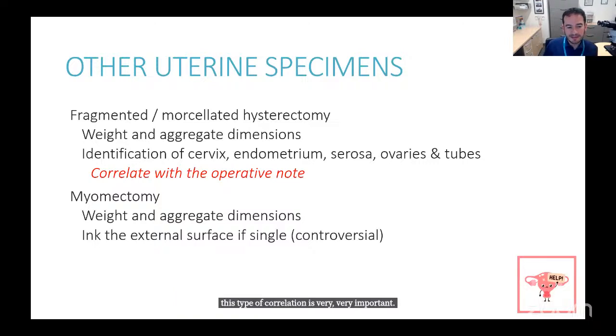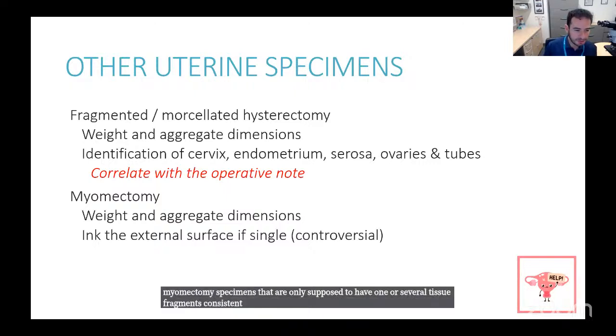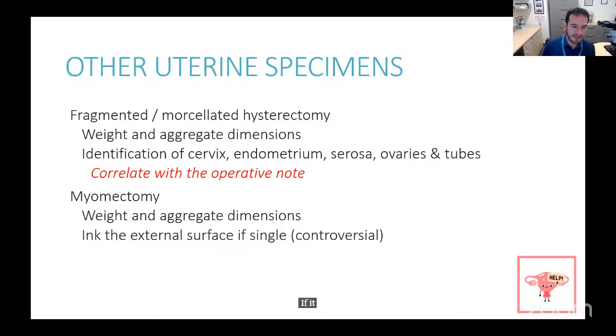Myomectomy specimens that are only supposed to have one or several tissue fragments consistent with a leiomyoma should also be weighed and measured in terms of aggregate dimensions. If it's a single intact specimen, some people ink the external surface, because if that thing ends up being a sarcoma, the surgeon may ask you if you think that lesion was completely excised.